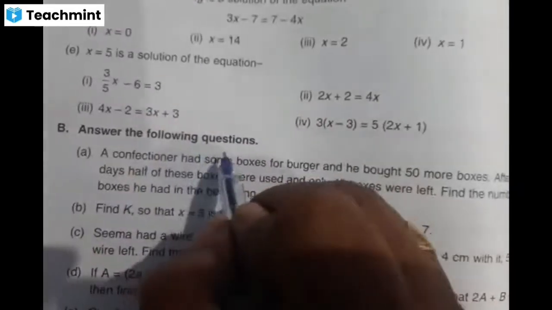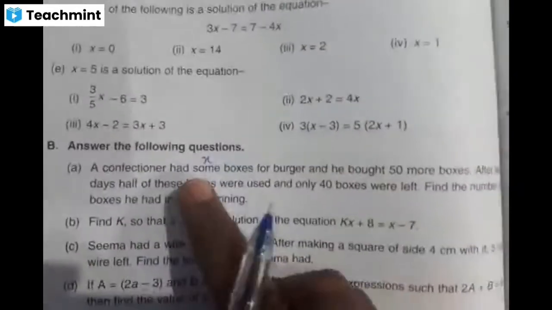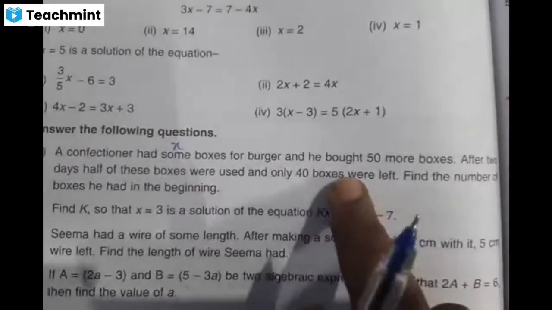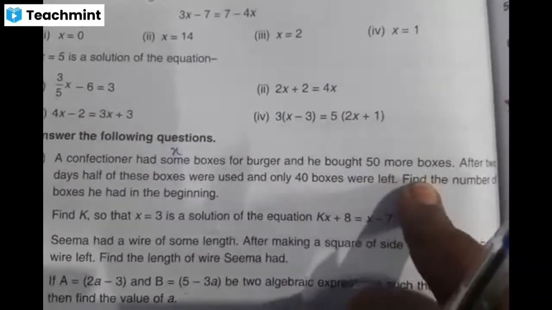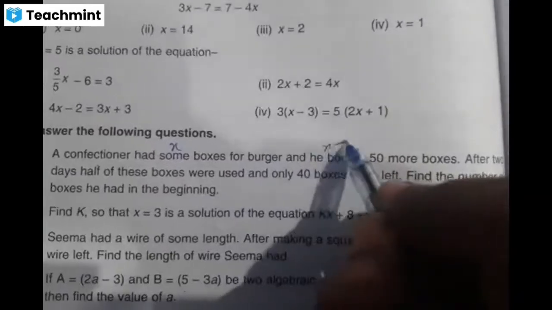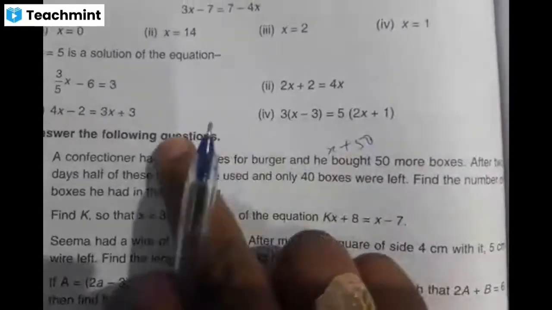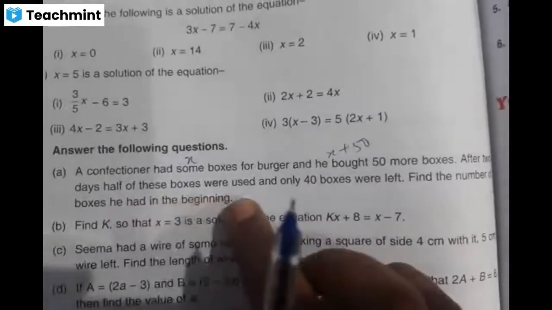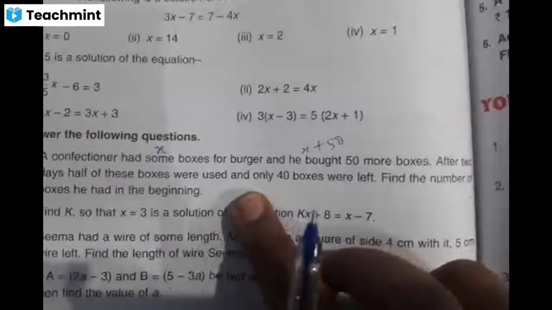In the beginning, he has some boxes. We don't know how many boxes they are. Let us take it as x here. After some time, he is buying 50 more boxes. So 50 more to this, x plus 50. Then after 2 days, half of these boxes were used.